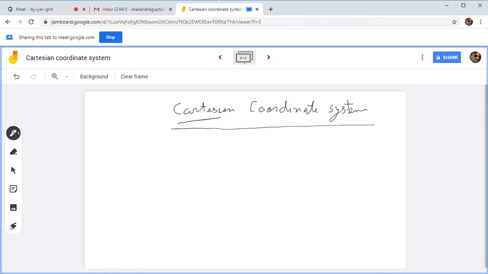What is a Cartesian coordinate system? I think we have discussed it earlier, but just for completing this section. In this, all the reference axes will be 90 degree to each other. You have done one very popular coordinate system, the rectangular coordinate system.